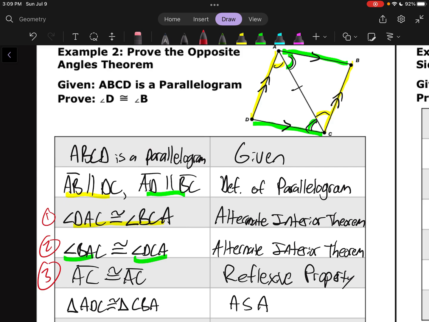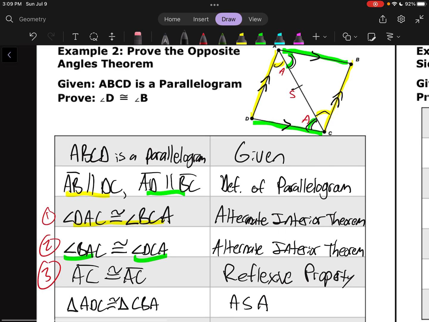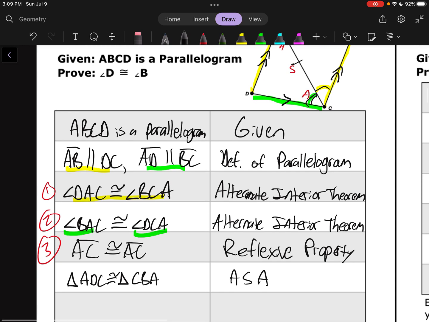Right? If we follow our markings here, we have an angle, a side, and an angle.